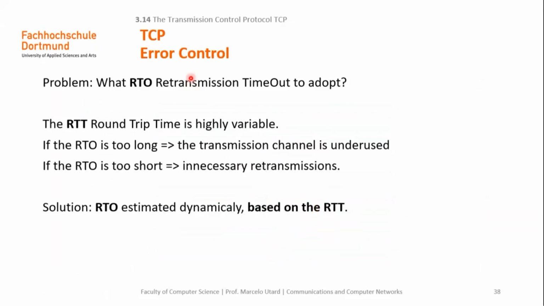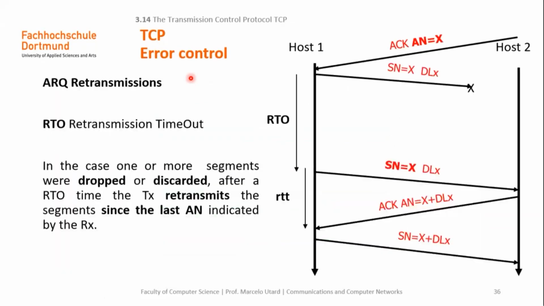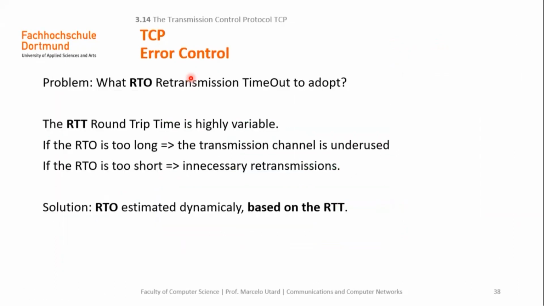Well, we already talked about this. The automatic repeat query implements the retransmission using the retransmission timeout. Well, now we have a problem. What retransmission timeout to adopt? In fact, the round trip time is highly variable.